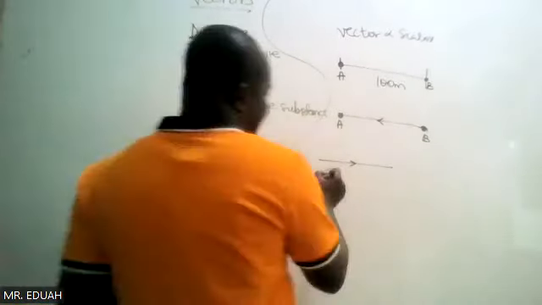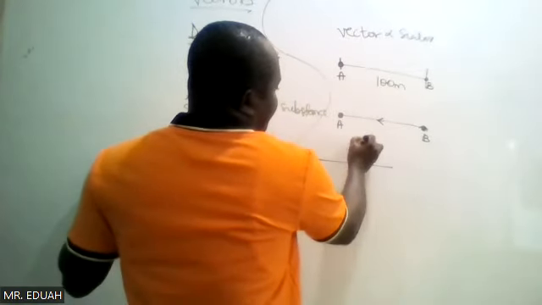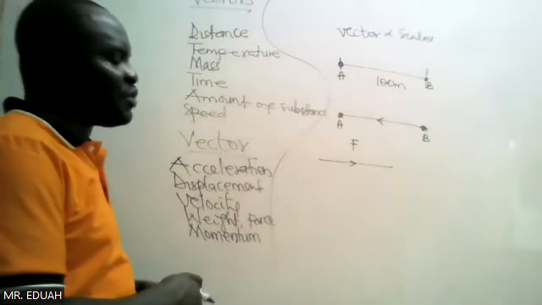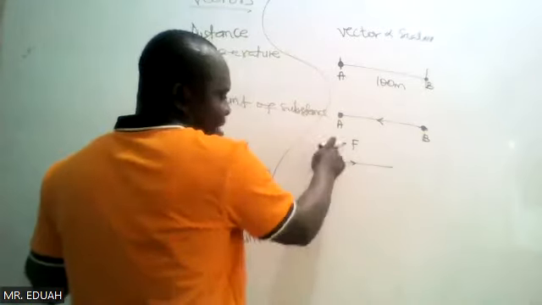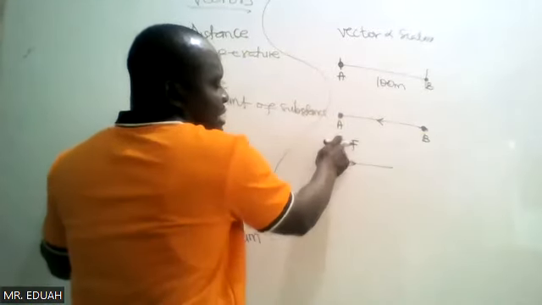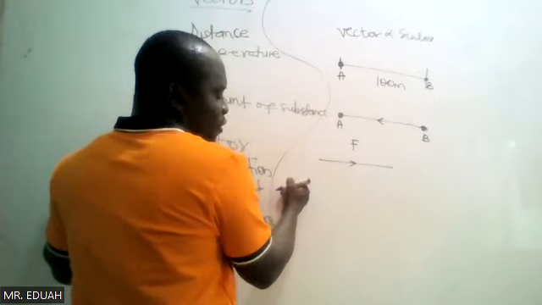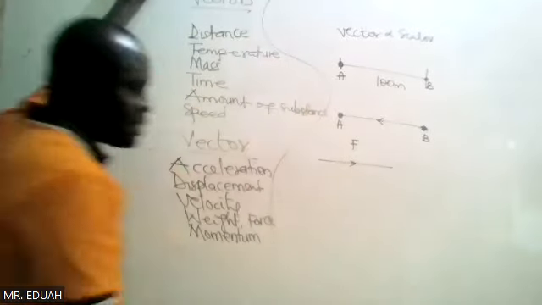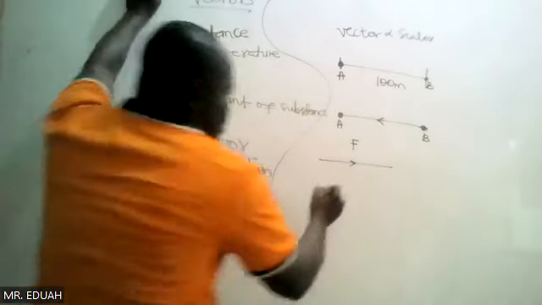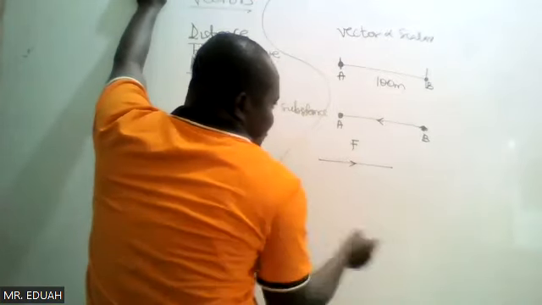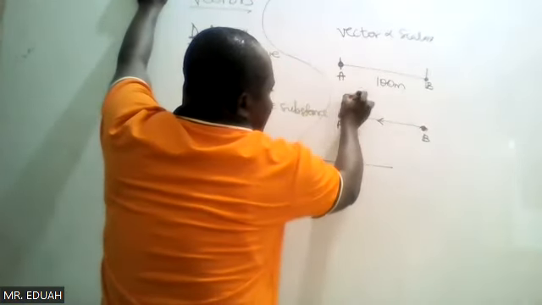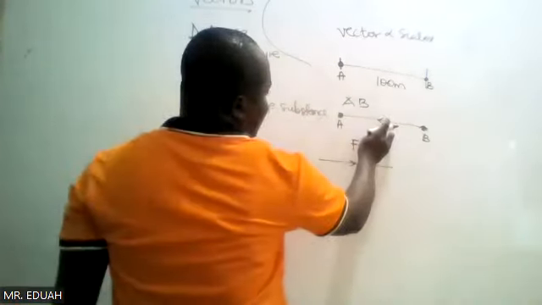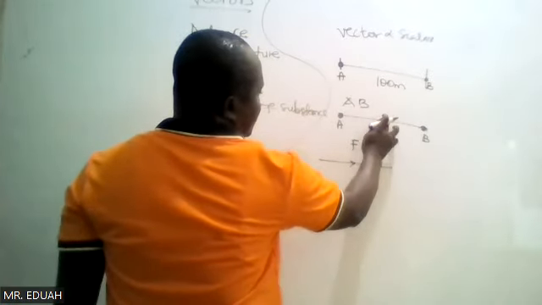So a vector can be a force, a velocity, an acceleration, whatever. It's indicated like this. If I want the negative of this vector, maybe this is AB, all that I do is take the same magnitude but change the direction.